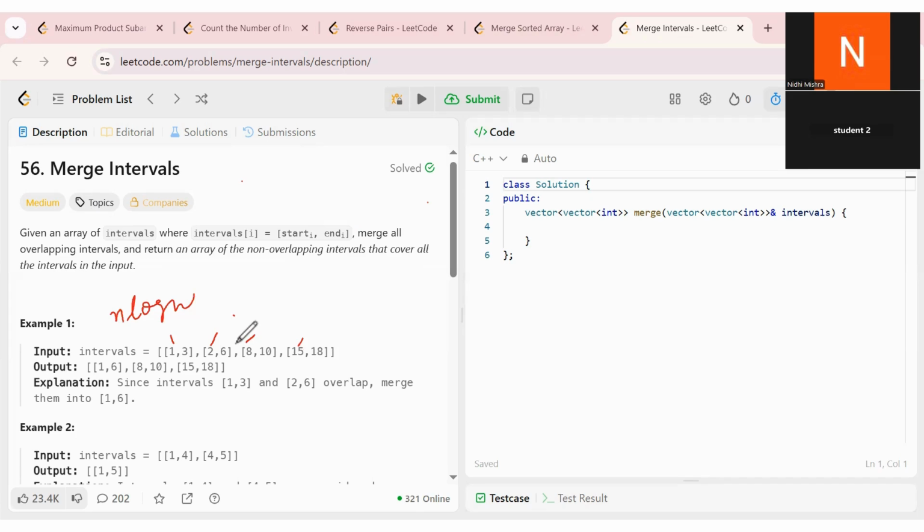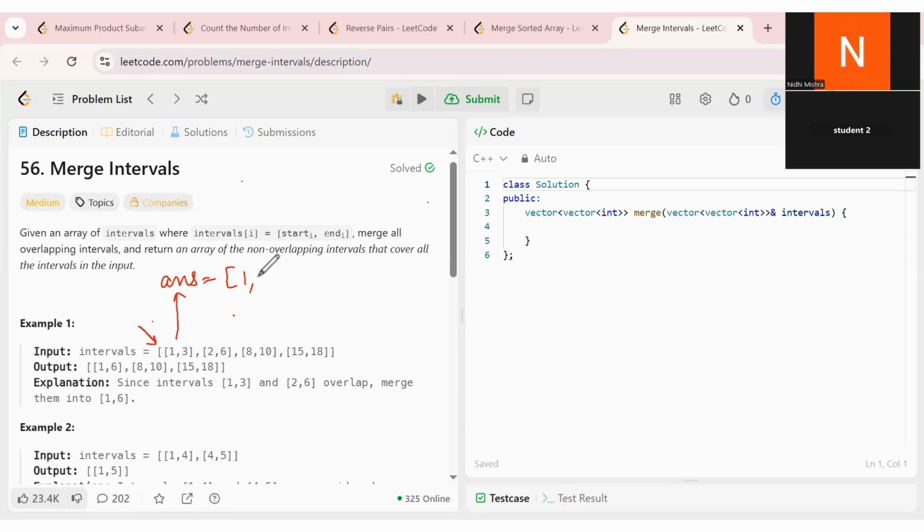such that the second index of the non-overlapping ones. So suppose we are taking this example, the example one, we push the first interval into the answer vector and then we'll check the next interval. Suppose I push this inside my answer vector.